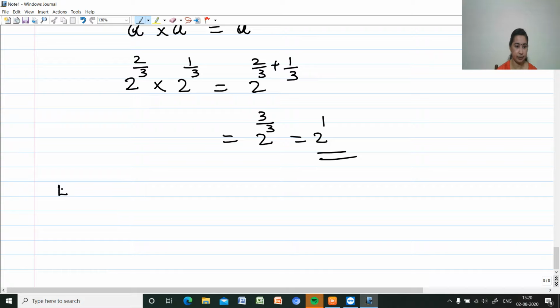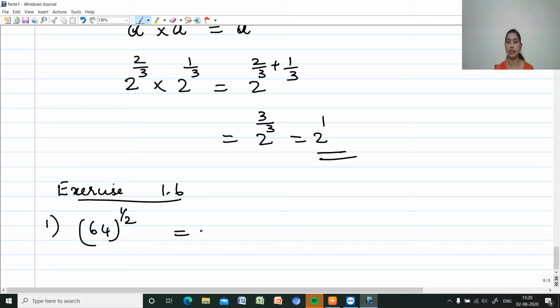Then exercise questions. Exercise 1.6. In that, a few questions we will discuss. Question number 1, that is 64 raised to 1 by 2. What do you mean by 64? We can write 64 in powers of 2.